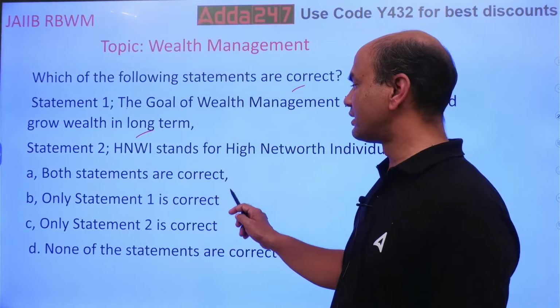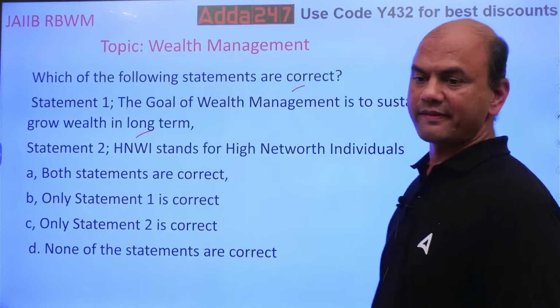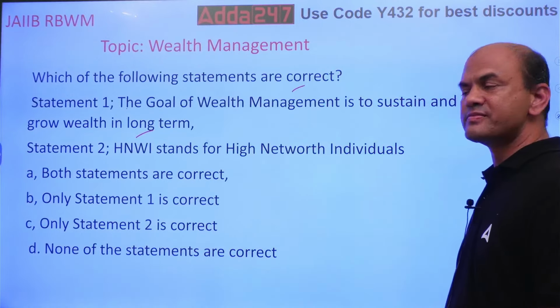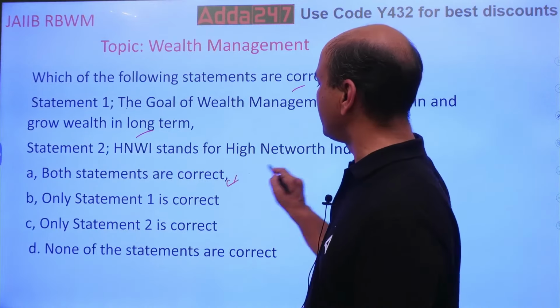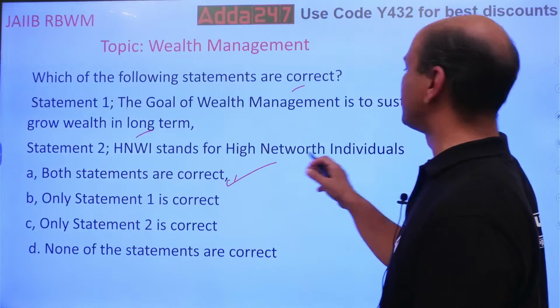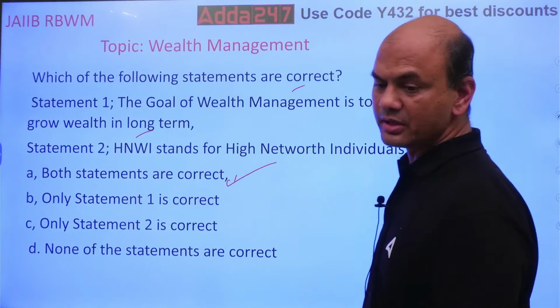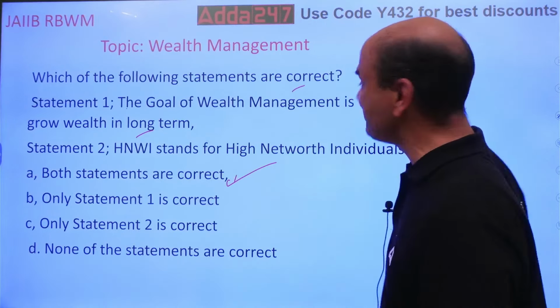Statement 1 is correct, 2 is correct, both are correct, none of them is correct. What is true? Both are correct. Right? HNWI stands for high net worth individuals. The goal of wealth management is to build wealth in the long term, never in the short term. Okay?